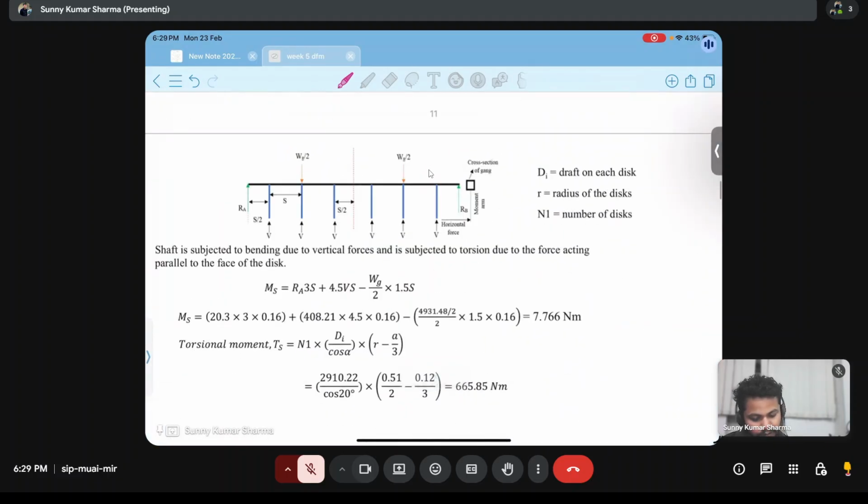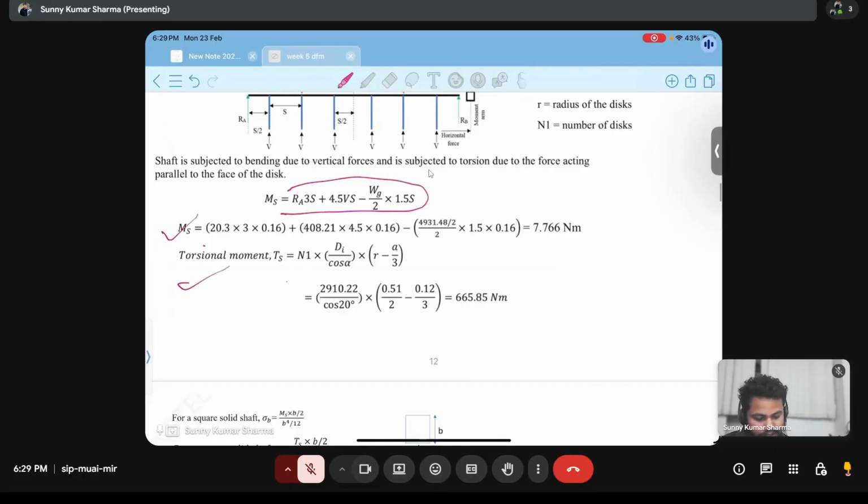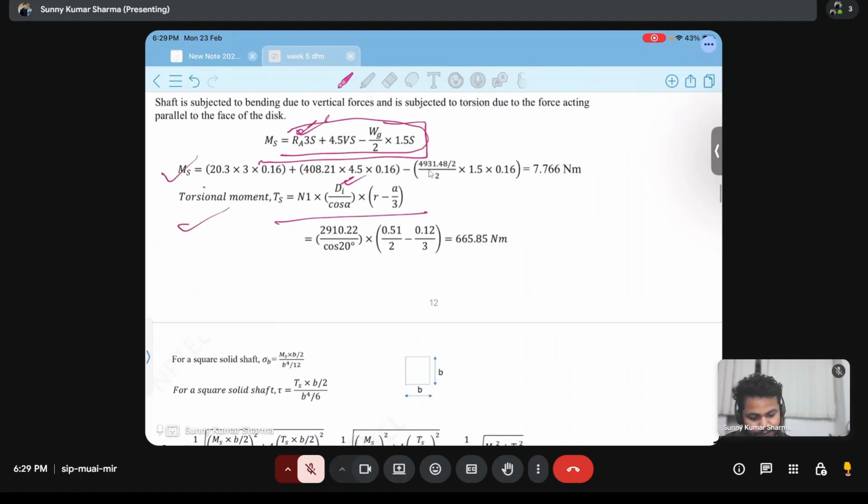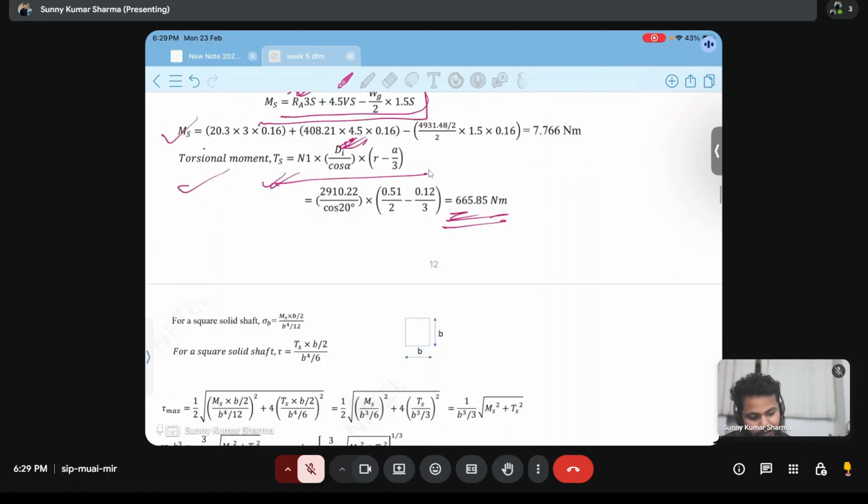Again this bending moment will be calculated. Everything will be similar. Here the torsion moment will be calculated. Only this draft value will change, and in this equation, the Ra value will change. Wg will remain similar. In this torsion value, Di will change. So accordingly, we are getting the torsion moment as 665.85 newton.